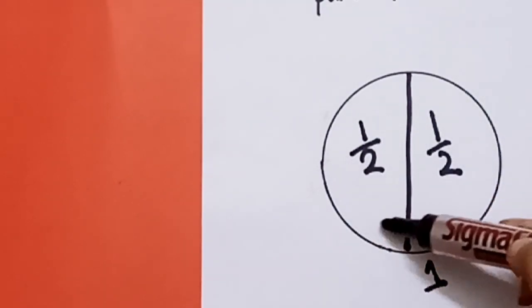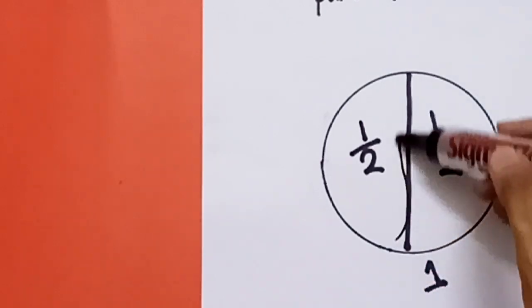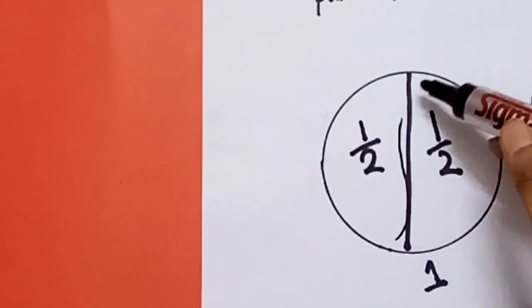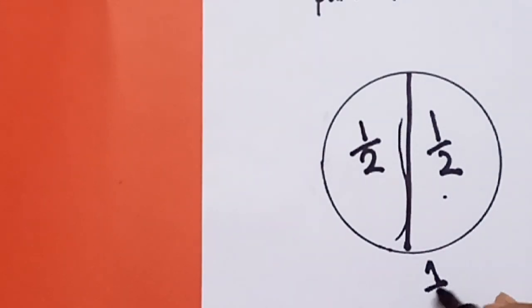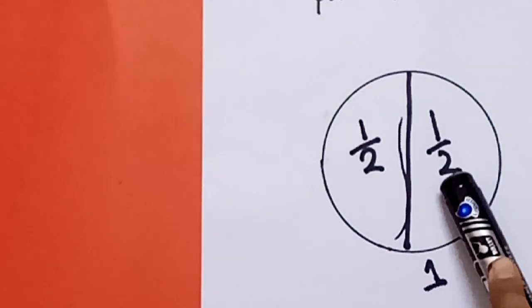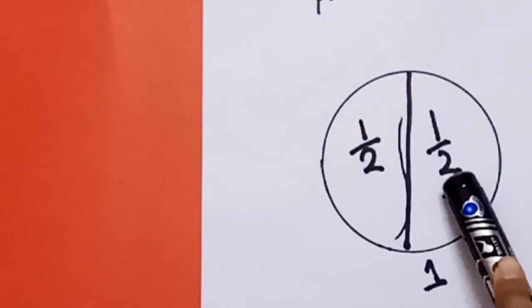This is half portion and this is another half portion. Here two half portion makes 1. We are telling this number fraction.